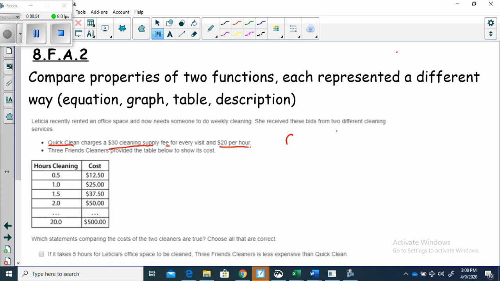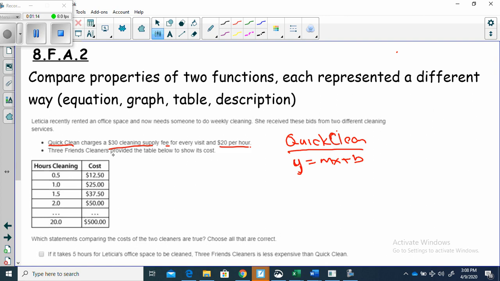So let's write an equation here for Quick Clean, because this is just a description. Our y, as we said, anytime we've got a linear equation, y is equal to mx plus b. Our starting point, where we start, is the $30.